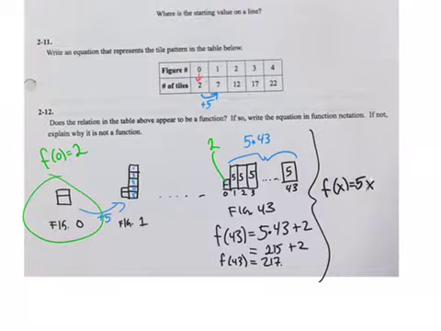And it'll look like this. The input will be the figure number x, and then the output will come from this process where we multiply the figure number times 5, that's the growth rate, and we add 2, that's the starting value.